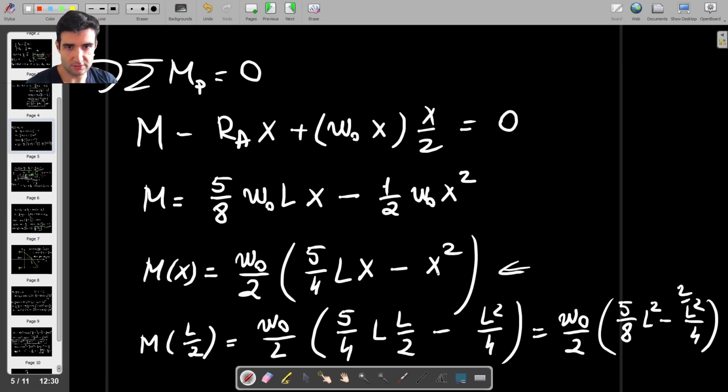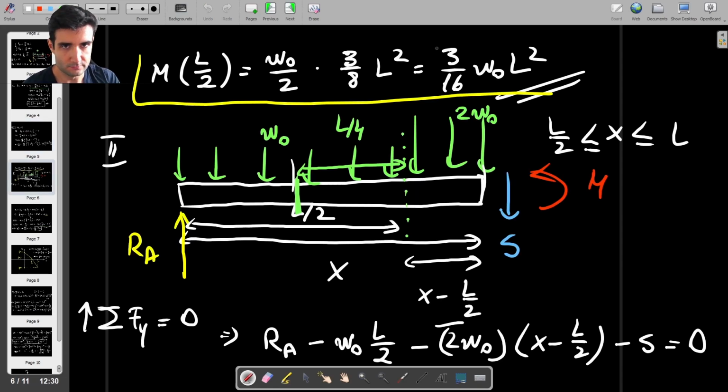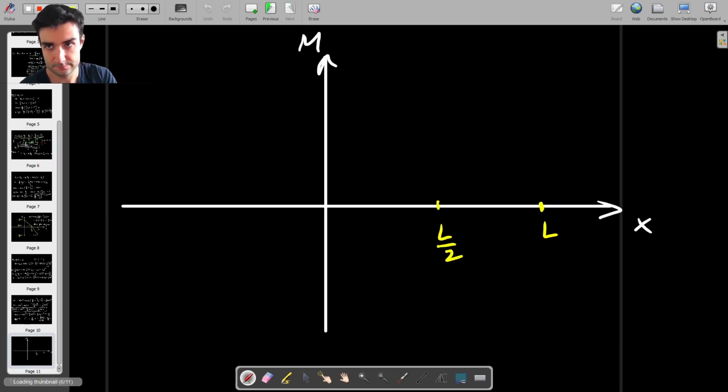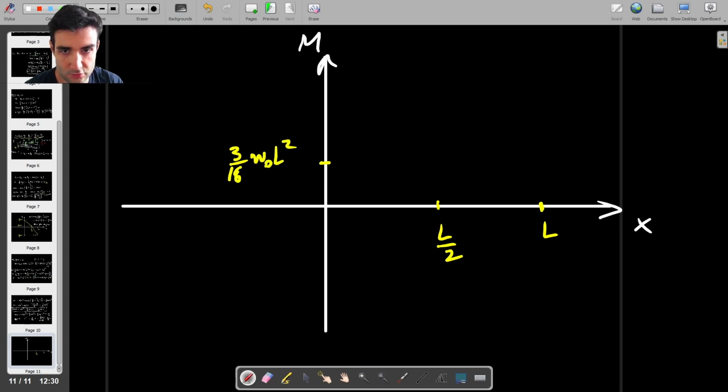So we start at 0 and we end up at this value in the middle. So that's 3 over 16 W naught L squared, which is here.